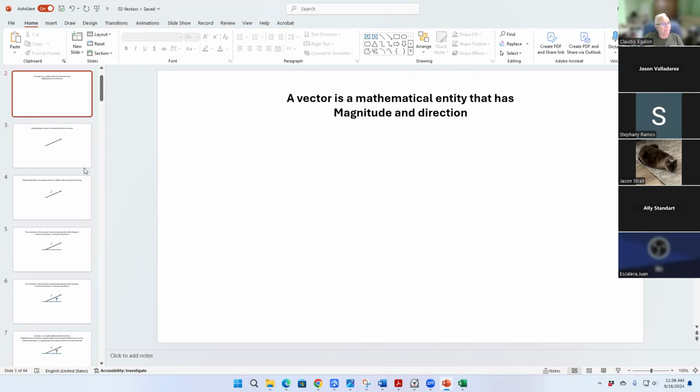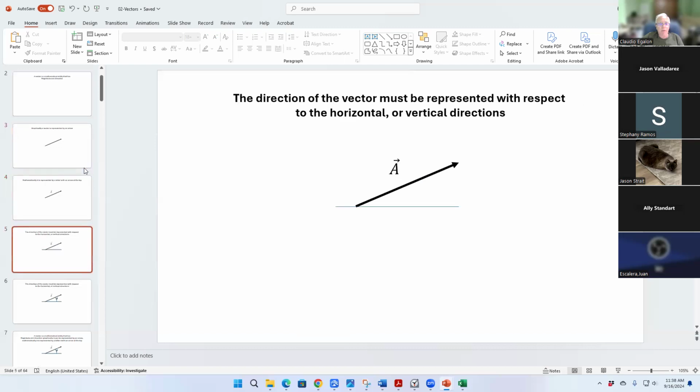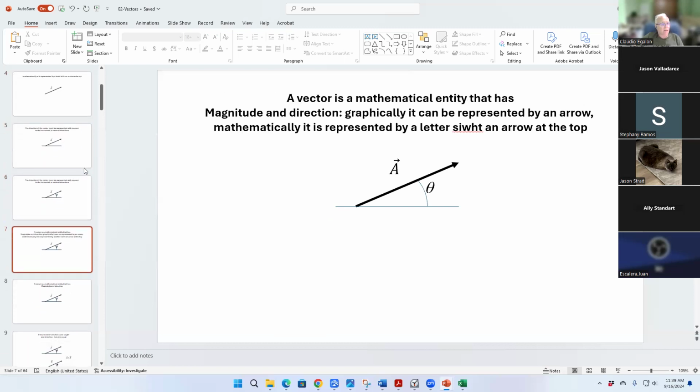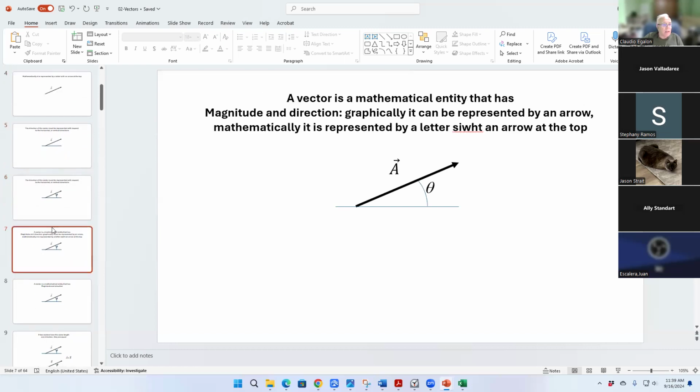Okay. Arrow, graphical representation, mathematical representation. The representation must be taken with respect to a horizontal or a vertical, depending, right? How do you define it? And you document the direction of the vector with respect to this horizontal direction, for instance. We don't need that anymore. Good.